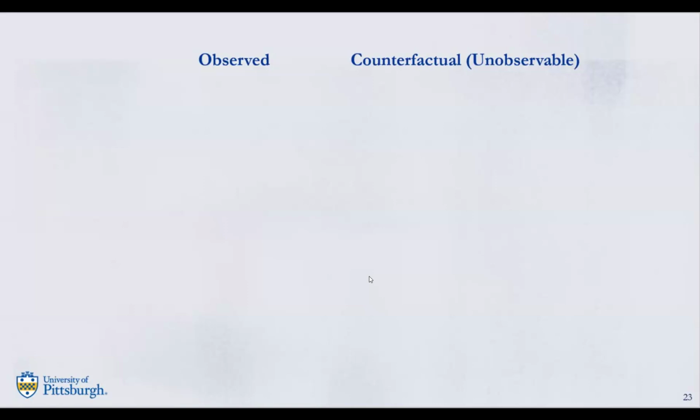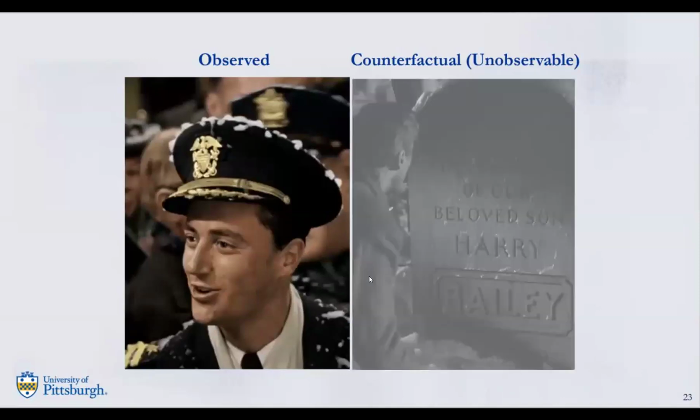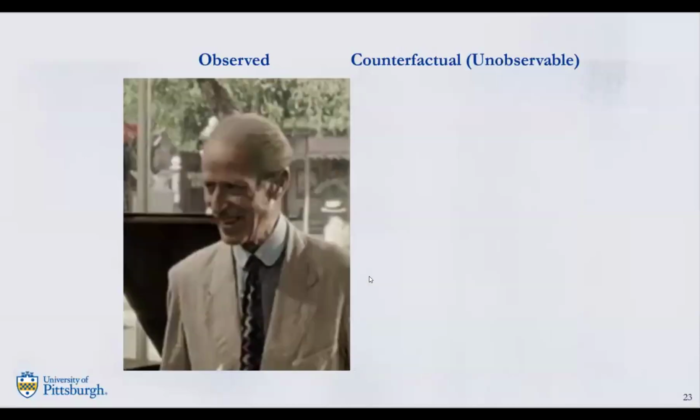On the left, we show the observed world, and on the right, we show the counterfactual world. For example, George's younger brother, who was in actual life a World War II hero, in the counterfactual world drowned in a skating accident at age 8 because George was not there to save him. A second example is a pharmacist. George was his apprentice in his childhood.